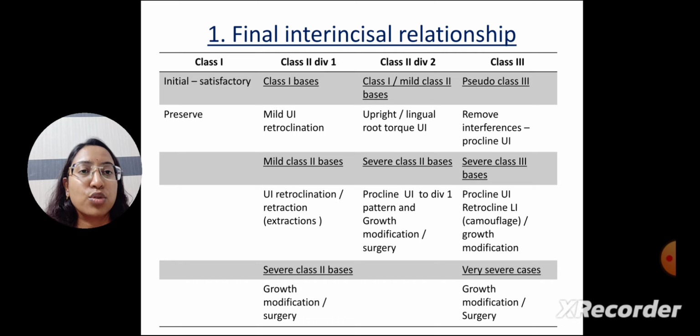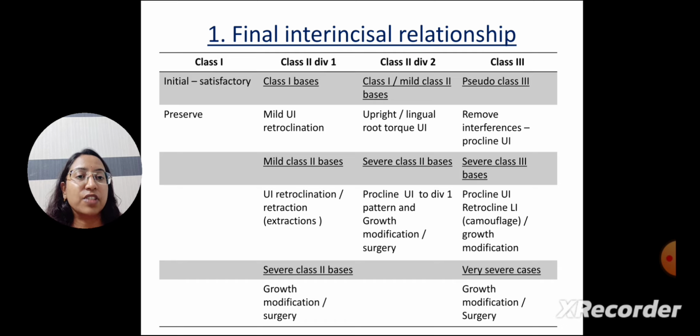Whereas in a class 2 base where the maxilla or mandible is forward or backward to a greater degree, only upper incisor retroclination will not be sufficient. We have to bodily move the upper incisors back, because in class 2s the upper teeth will be forward. This can be achieved with the help of extractions, and that will be sufficient to correct the interincisal relationship. So this is a class 2 discrepancy which can be camouflaged with tooth movement.